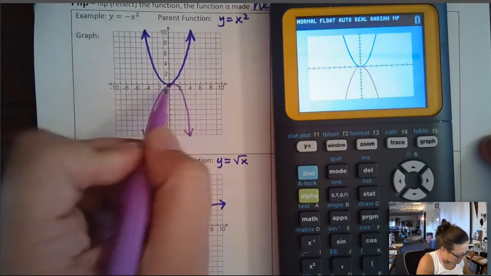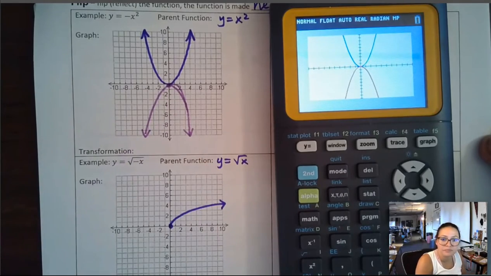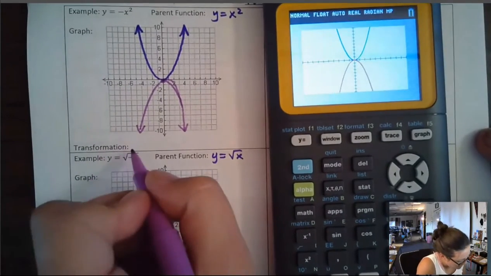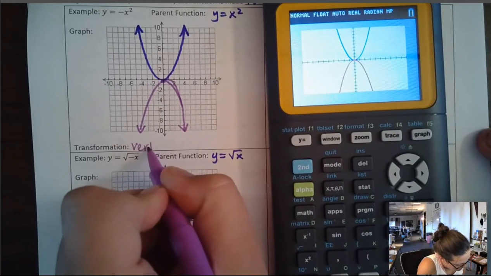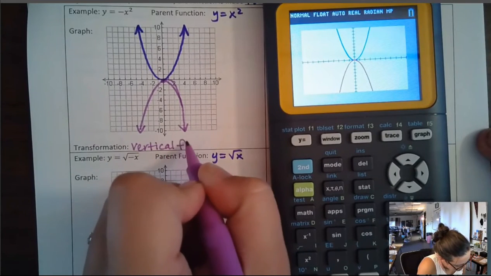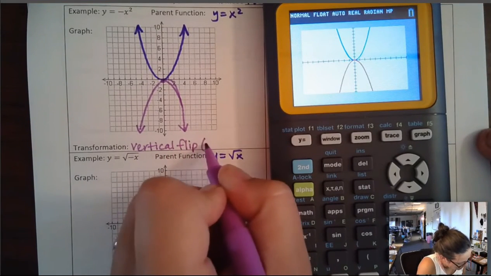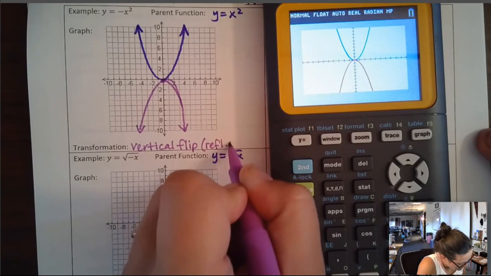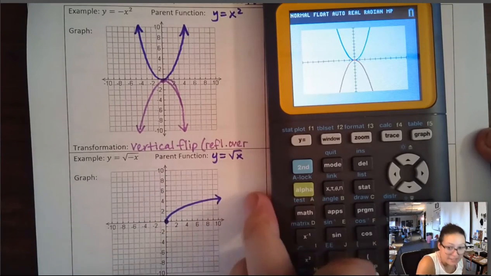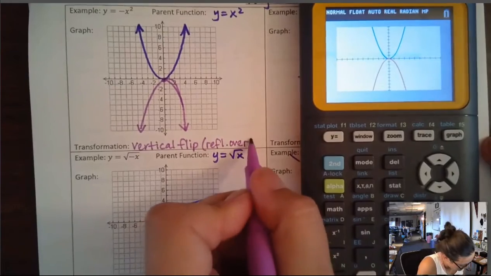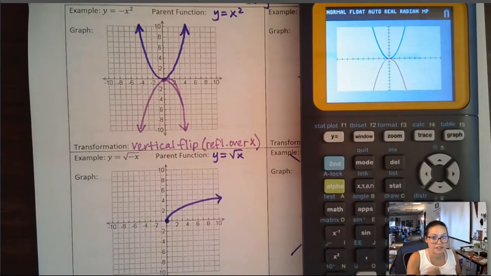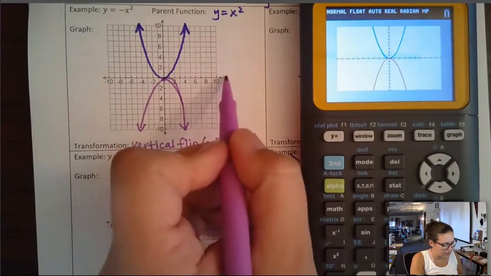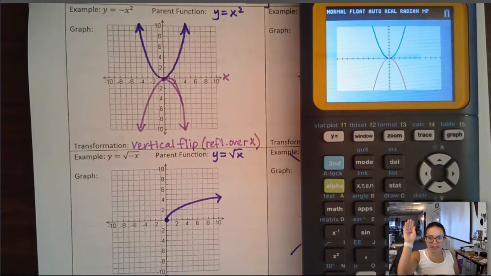That's a little off there. The center should be at 0, 0. So the transformation, we call this a vertical flip or a reflection over the x-axis. I'm just going to say reflection over x. Right? Here's our x-axis. We take it and flip it upside down over that x-axis. That's a vertical flip.